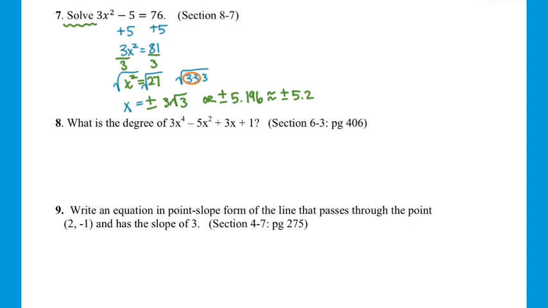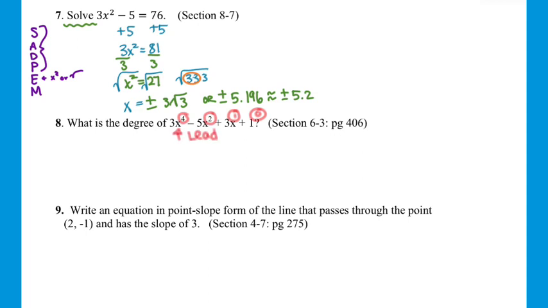On number 8, what is the degree of this polynomial? Well, first I have to see it in standard form. And we can see that it is because it's going downward in degree by the largest degree first. A 4, a 2, a 1, a none. After that, to know the degree of this polynomial, I would look at the lead.